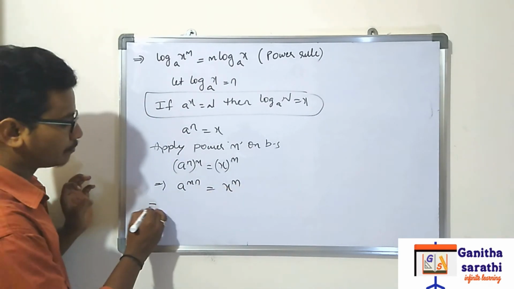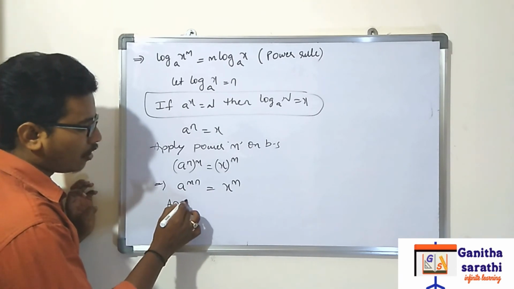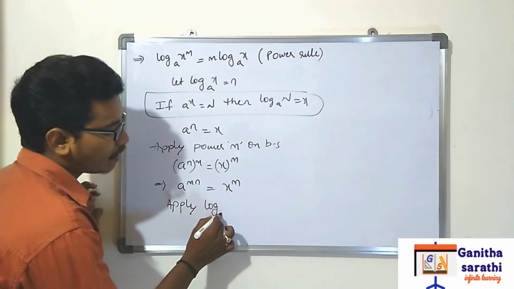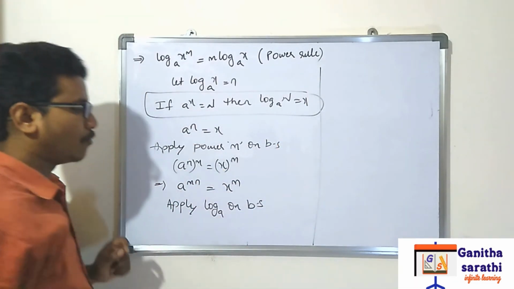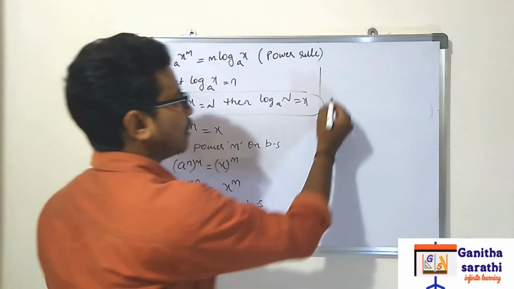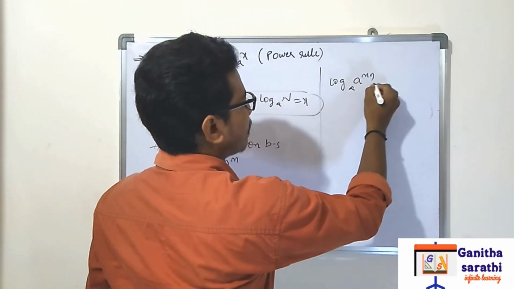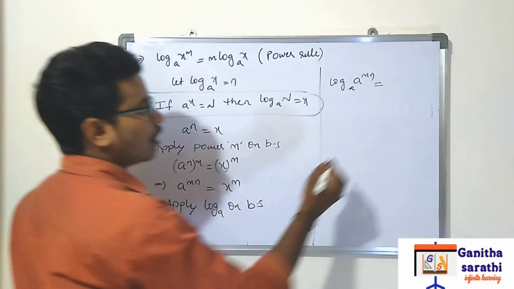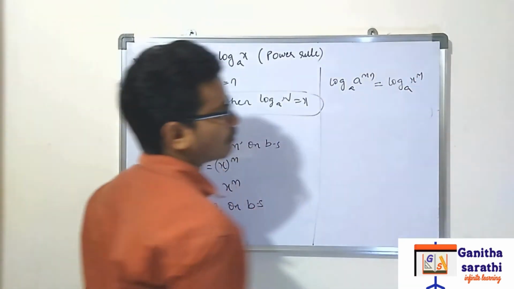Okay. Now apply log to the base a on both sides. If you apply log to the base a on both sides, log a power mn to the base a is equal to log x power m base a. Okay.